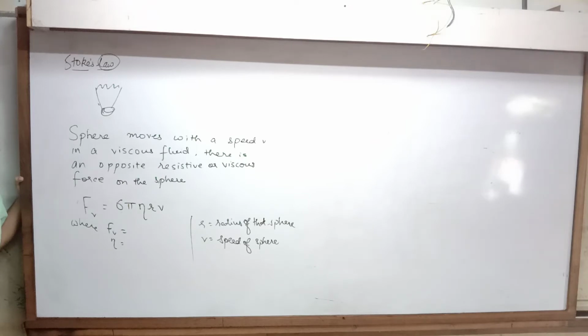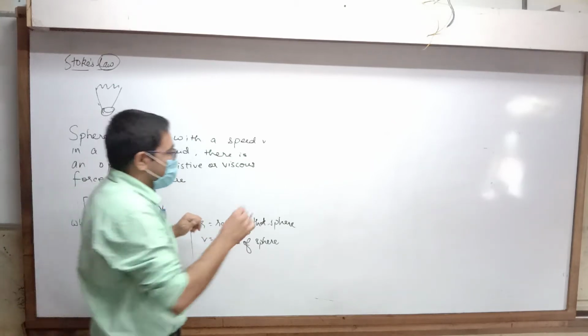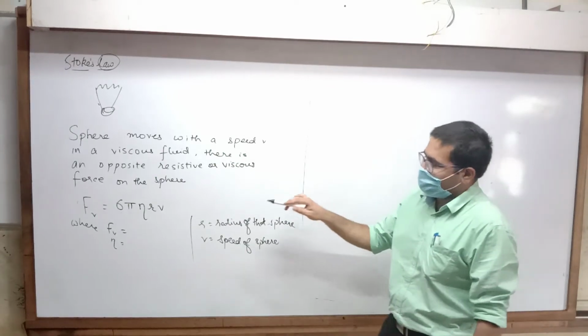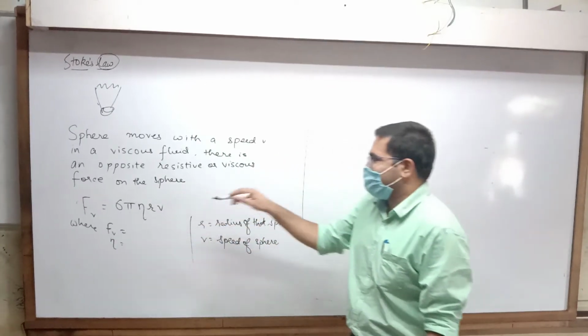For example, Newton's laws of motion are true by observation. They are empirical. Just like that, Stokes law is also empirical to quite an extent. But still, we are going to do some bit of dimensional analysis, so that will help you understand what kind of relation we have here.